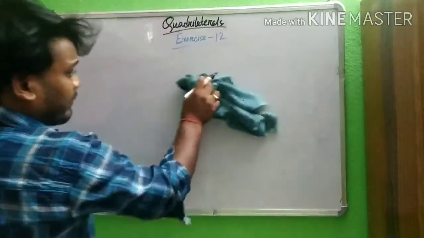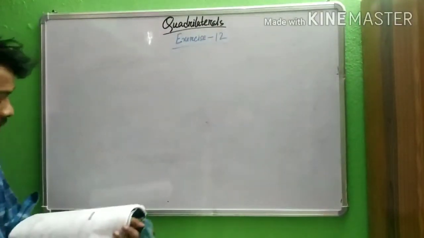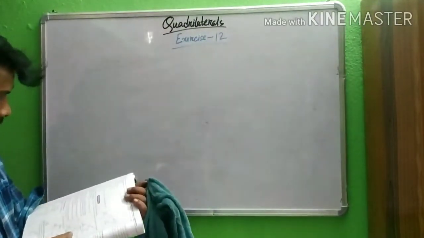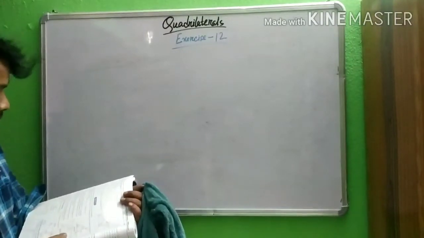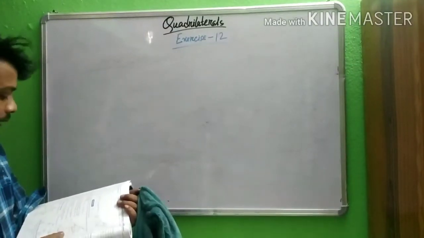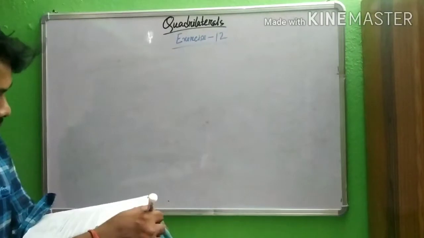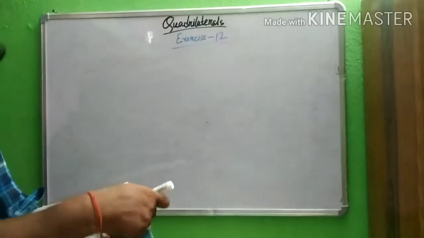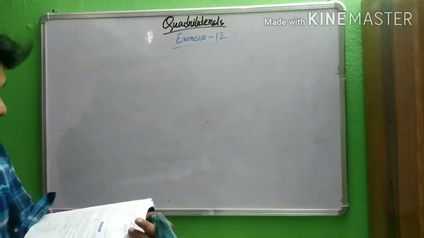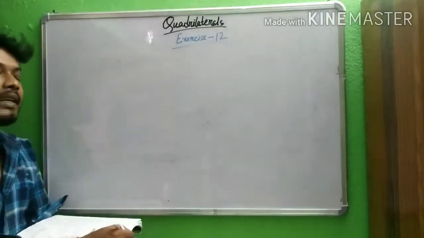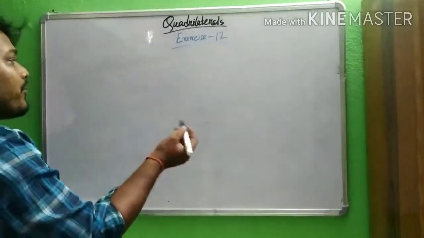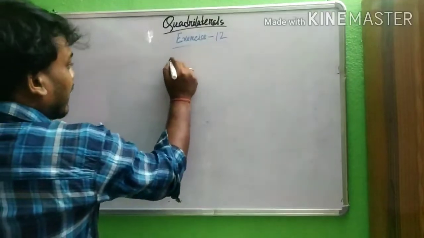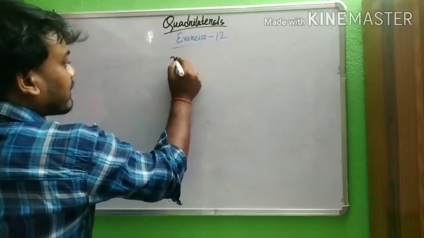Next, the remaining maths. Question 5: a quadrilateral has all 4 angles of the same measure. What is the measure of each angle? See, a similar thing. The value of each angle is equal, so let every angle be x.